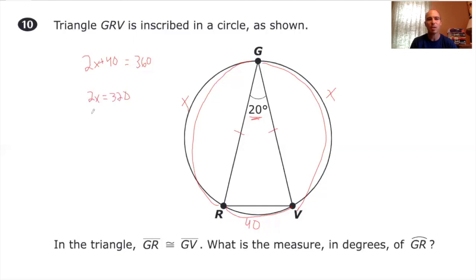Divide both sides by 2. X equals 160. Now, if you want to check your work, do they all add up to 360? 160 here, 160 here, that's 320 plus 40. That's 360. 160 is the measure of GR, which is what they're looking for.